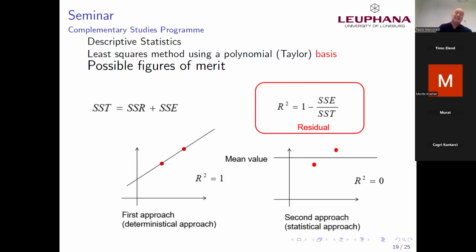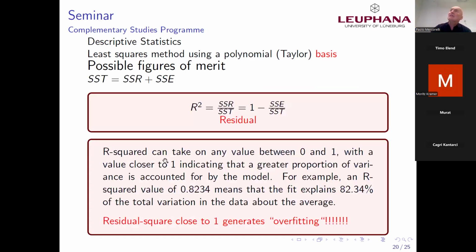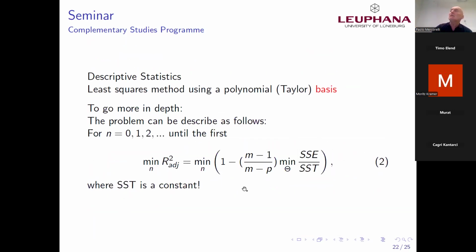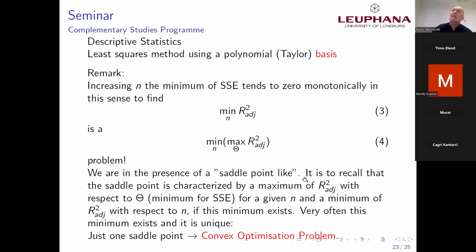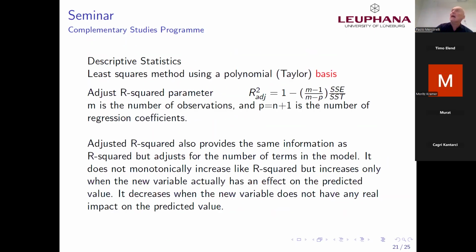The number of the parameters is extremely important to determine the family of the regressor: exponential regressor, trigonometric regressor. I will attack this problem next week, considering some examples in MATLAB Simulink and concluding with this expression here, which states a minimax problem inside the R square adjusted. I didn't introduce R square adjusted today, not yet, as a modification of R square, in order to obtain a cost function which is not monotonic with respect to the number of parameters.